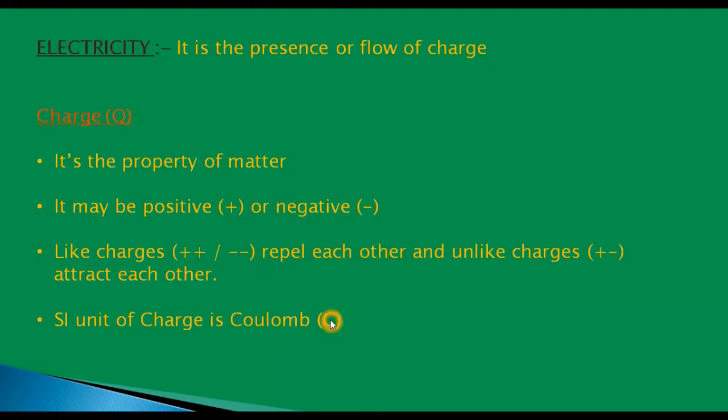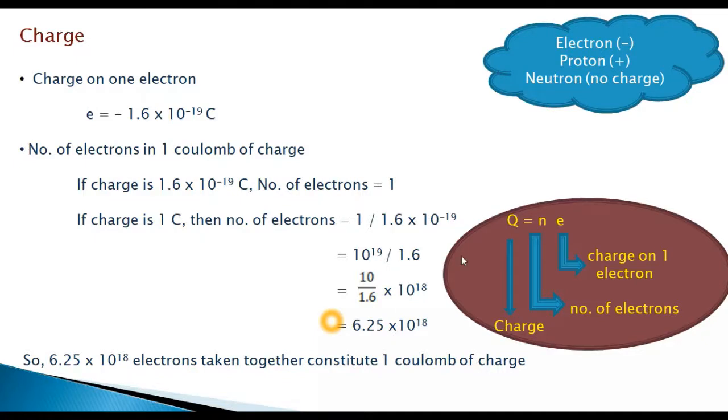Now, you know that in an atom we have three subatomic particles: electrons, protons, and neutrons. Electrons are negatively charged particles, protons are positively charged particles, and neutron has no charge. It's neutral. Now, all matter contains protons as well as electrons and neutrons. Proton possesses a positive charge, electron possesses a negative charge.